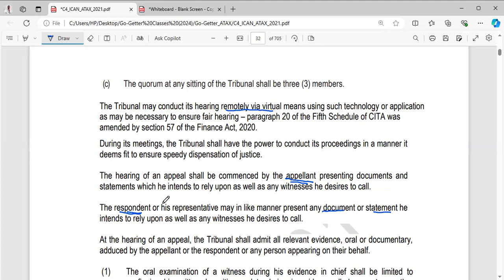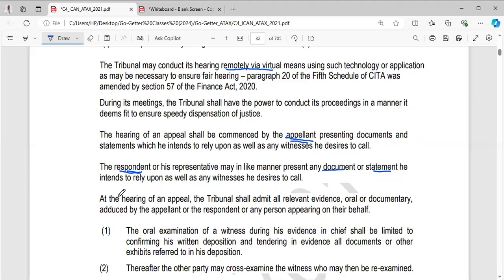So the witness could also bring any document to show that this is evidence. They admit it. The evidence could be against the appellant, could be against the respondent, come from anywhere. The tax appeal commissioners sitting will admit all of this evidence when they are hearing the case.